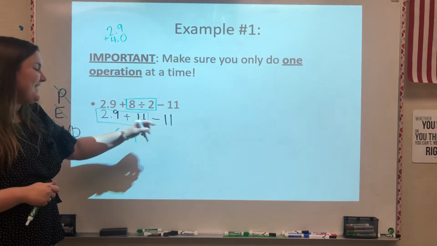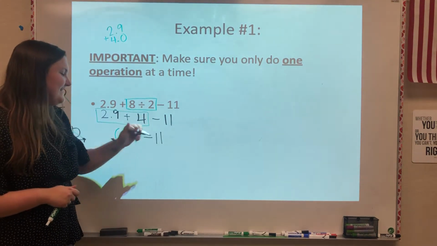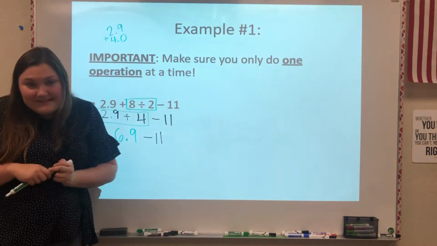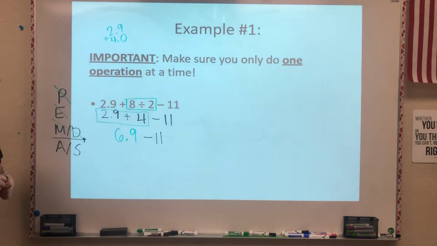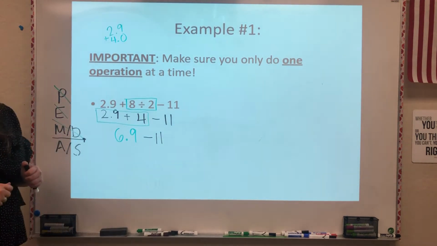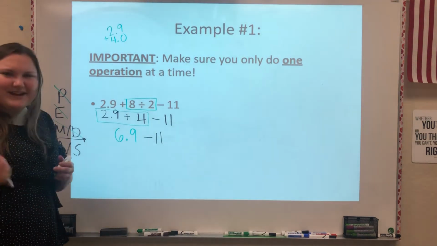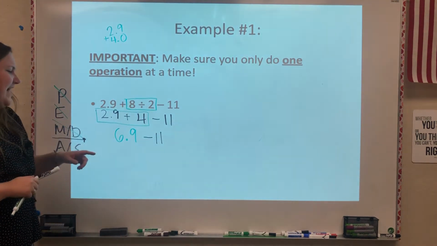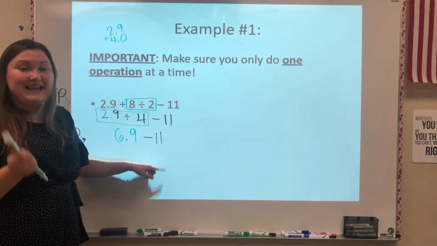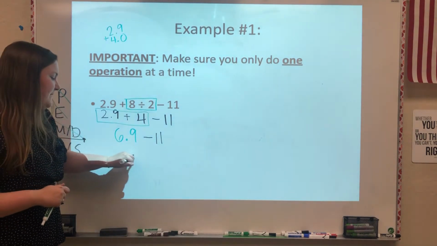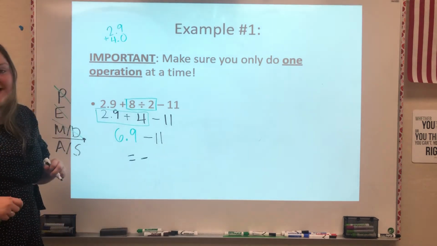I've done one thing. I'm going to copy down the rest. So I'm going to copy down that minus 11. And then here, there's only one step left for us. I've got 6.9 minus 11. What is that going to give us? Well, this is actually kind of similar to that do now question we did earlier. I am subtracting a larger number, which is going to be a clue that my answer should be negative.